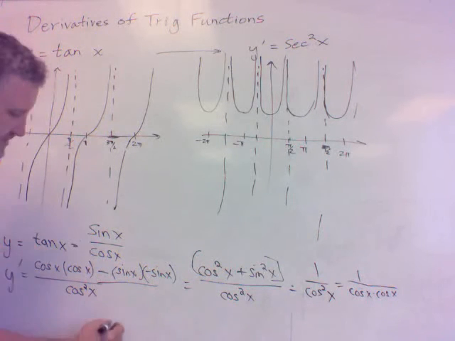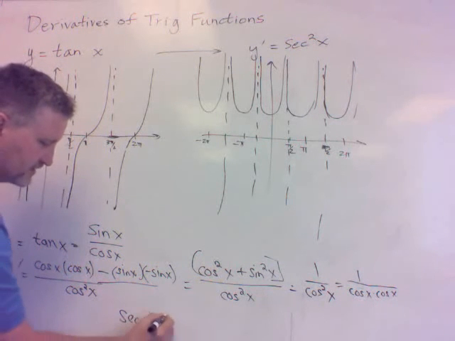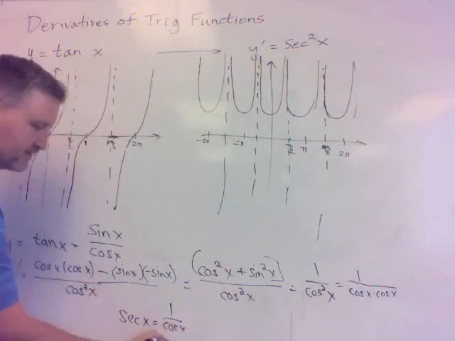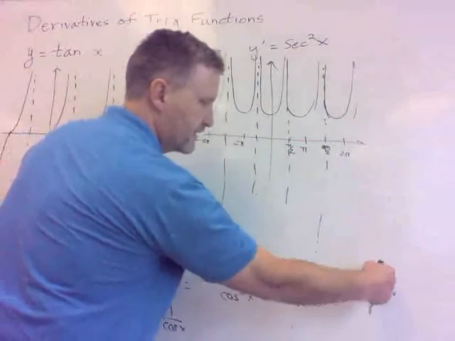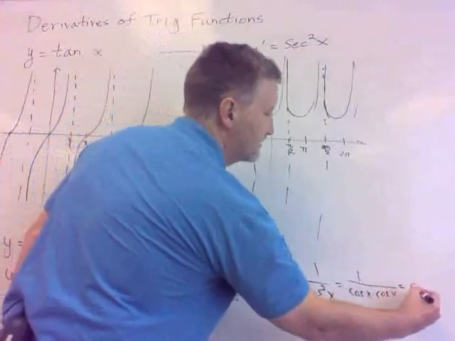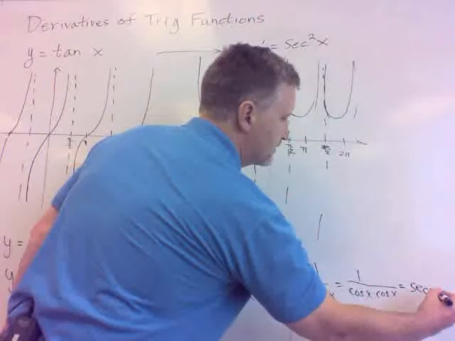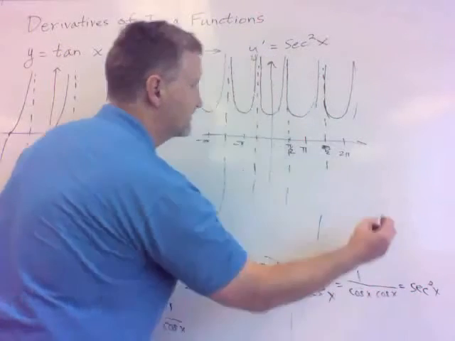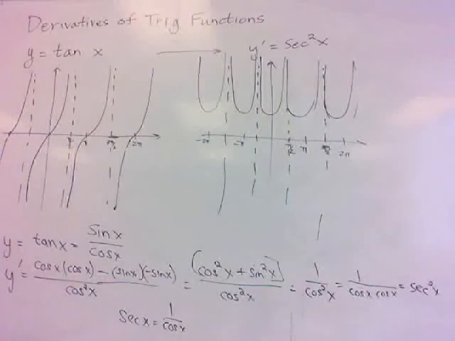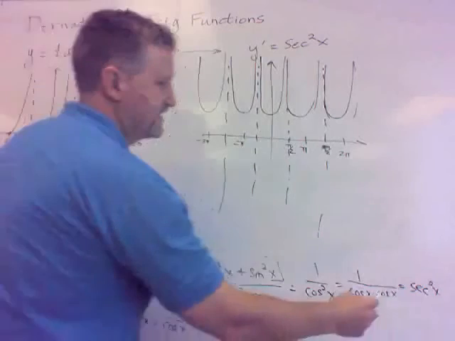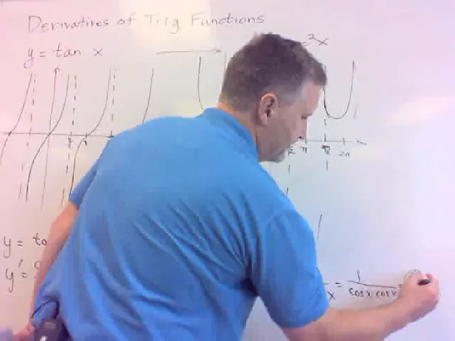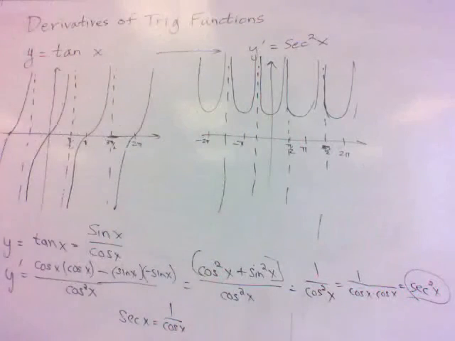Isn't that secant of x? Secant of x equals 1 over cosine. So I've got 1 over cosine, another 1 over cosine, so I've got secant x times secant of x, which is secant squared of x. And so that's a better way of seeing what this really amounts to. The derivative of tangent is the secant squared.